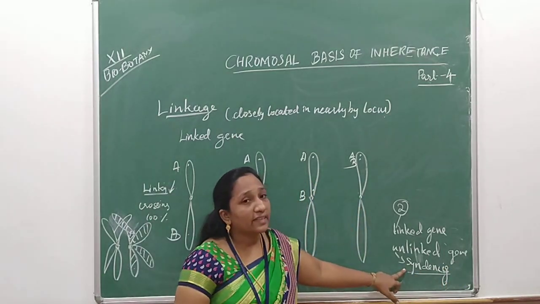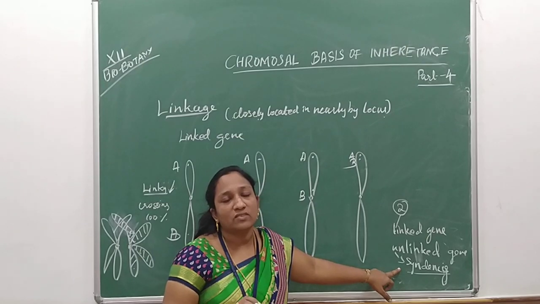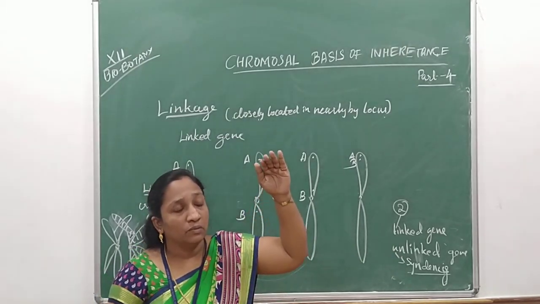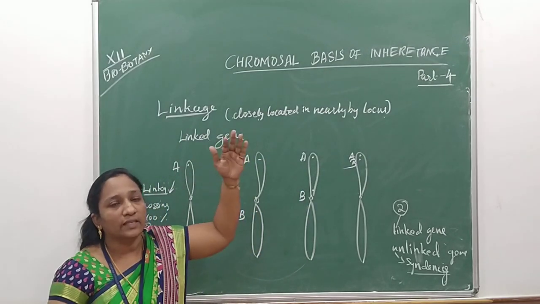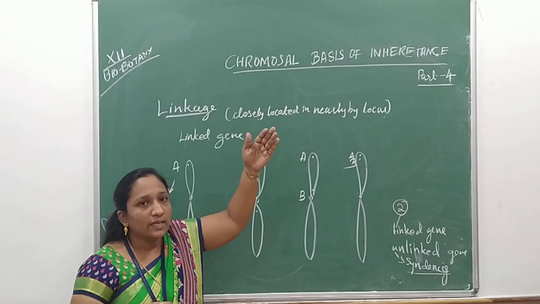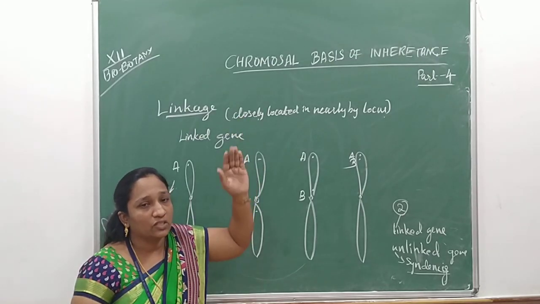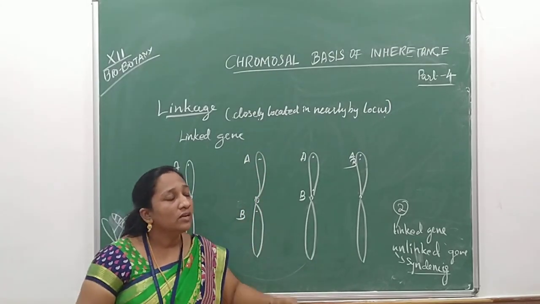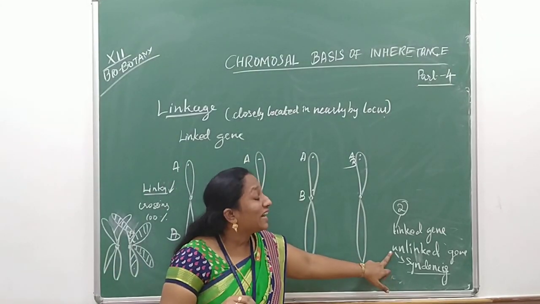Just remember the syntax tank: you keep the tank on the roof, on the third or second floor, so there is a gap between the floor and the tank. Too far a distance. So it is otherwise called unlinked gene.